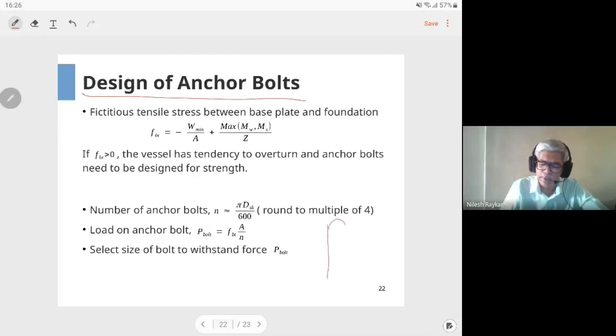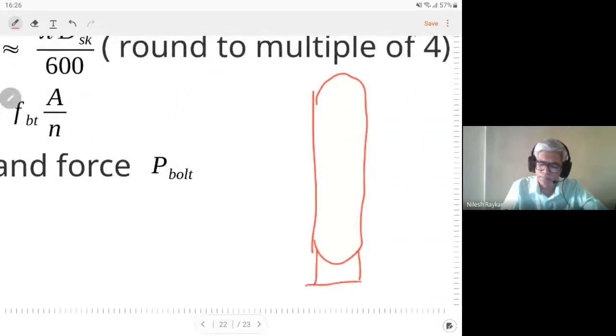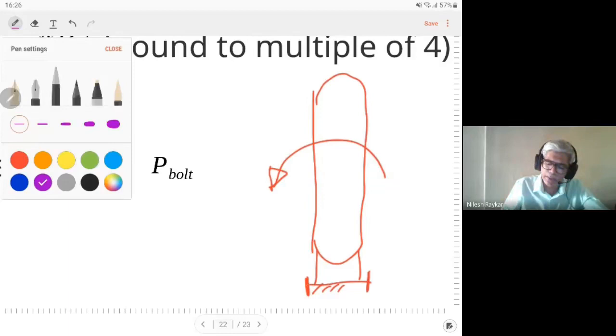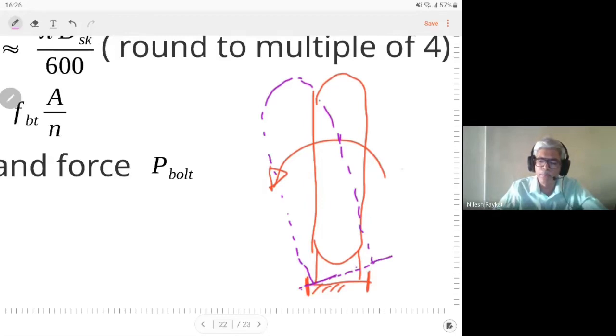So if this is your vessel and you are anchoring it here, and this is the overturning moment because of wind load, the vessel will have a tendency to move in this direction. So this is the way the vessel will try to bend, in an exaggerated manner, if only this moment is acting. So one side of the anchors would be in tension and the others would have negligible load.